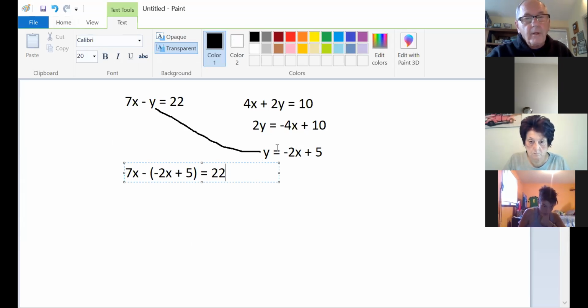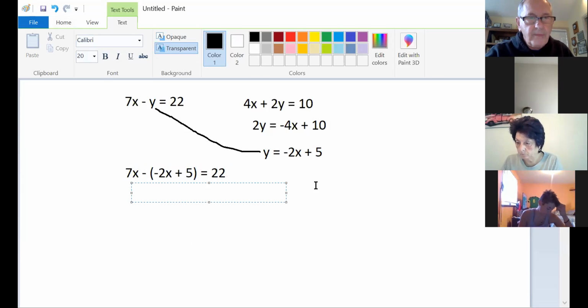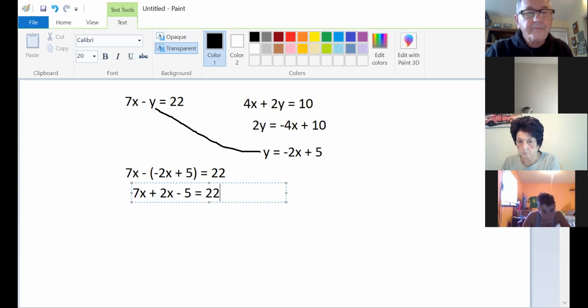So we okay so far? All I've done is take this and put it into this equation right here. So now I've got 7x minus this value, minus 2x plus 5, is equal to 22. Now I'm going to take care of my negative negative. So now it's 7x plus 2x minus 5 is equal to 22.